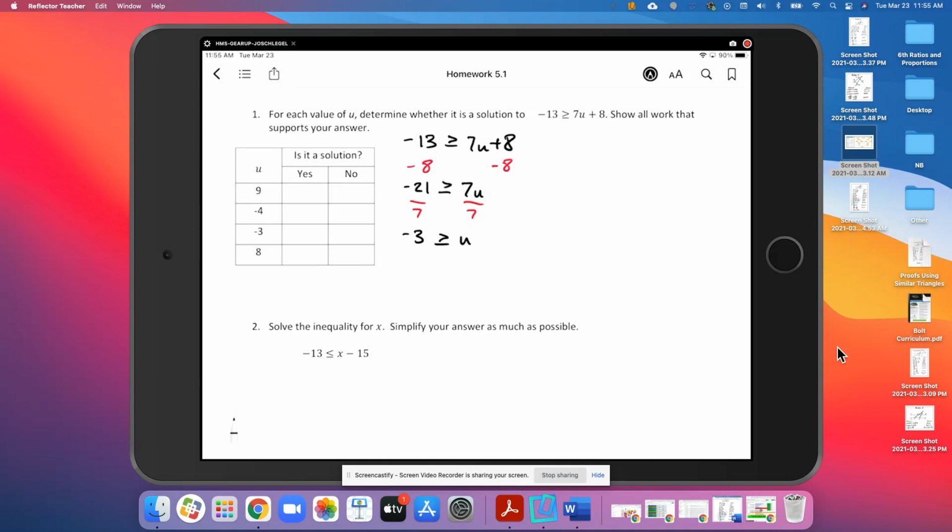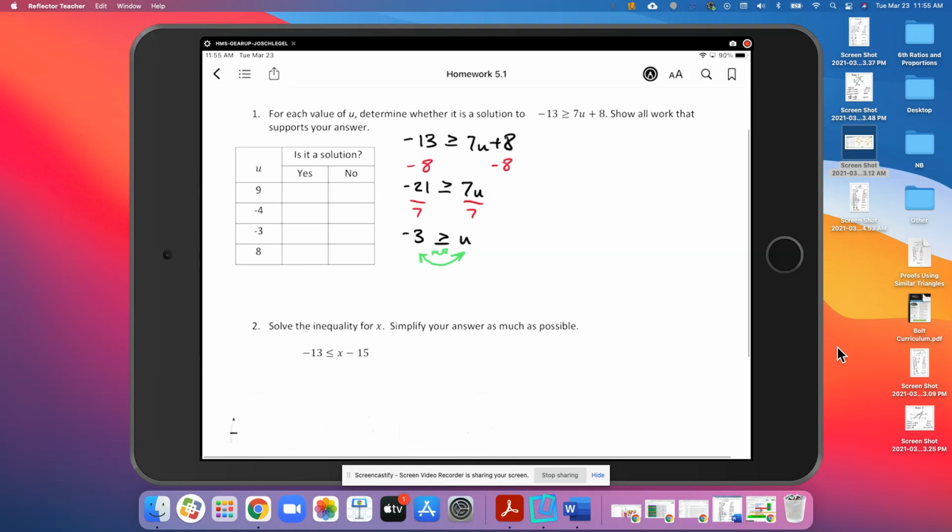I prefer to have my variable on the left side when I look at inequalities. So I'm going to take this inequality and spin it around completely, which also means that my sign in the middle needs to spin around. You can think about it like lifting a piece of paper up, flipping it over, and laying it back on the table.